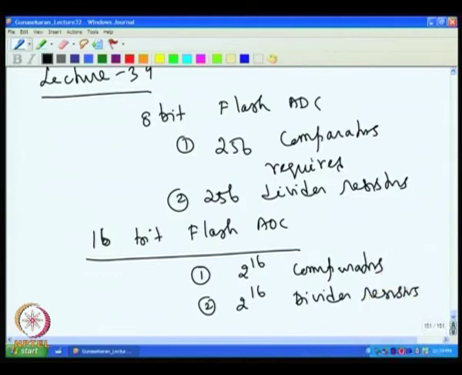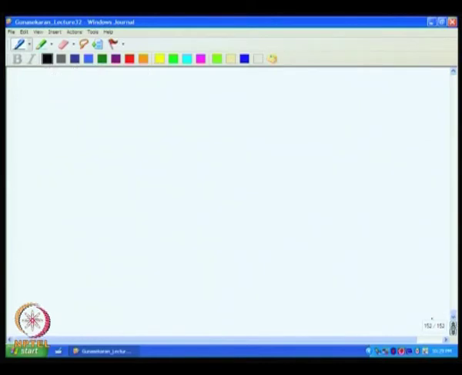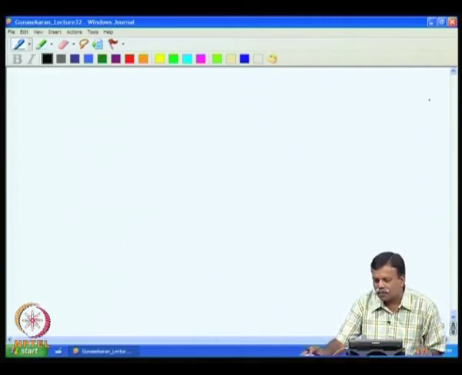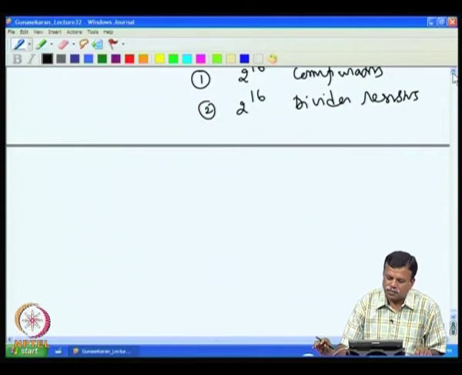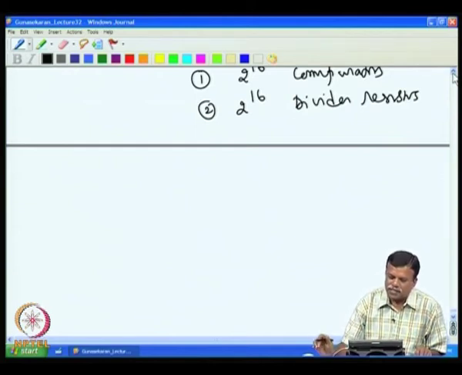This is not easy to achieve, because 64,000 comparators and 64,000 resistors, and then combining the 64,000 bits into a 16 bit usable A to D output is not an easy job. So, normally 16 bit flash ADCs are not made this way.